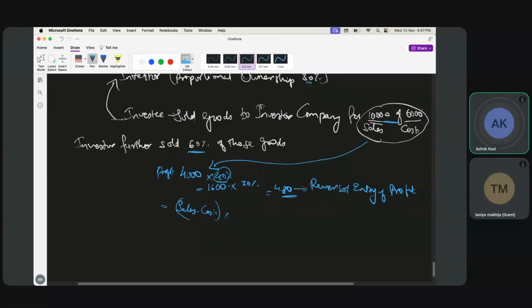This 40% is unconfirmed. The 40% is with their company only, and they have sold 60% further, so the extra 40% the investee cannot show as their profit.